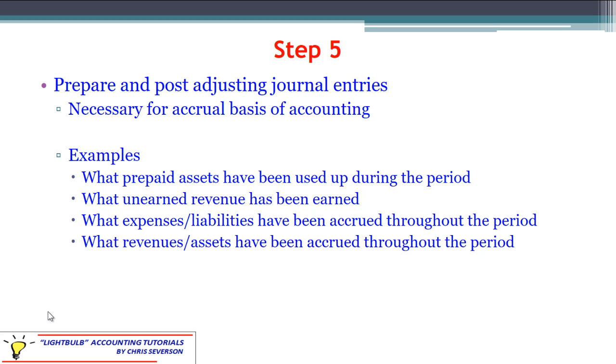We could ask what unearned revenue has been earned, another adjusting entry, and what expenses and liabilities have been accrued throughout the period. Even though the cash hasn't changed hands, we know that there's an expense and a liability that's been accrued. What revenues or assets have been accrued throughout the period? Again, cash hasn't changed hands yet, but we know there's something we have to record.